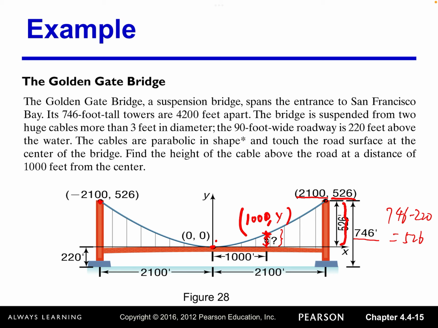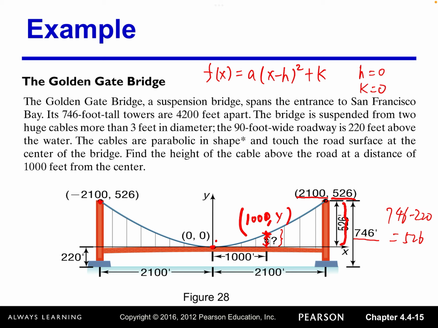So how to solve this problem? We need to find a quadratic model, right? So if we write it in vertex form, it is f of x equals a times x minus h squared, and then plus k, right? This is called the vertex form of a quadratic function. And then we know the vertex, h equals 0, k also equals 0, right?